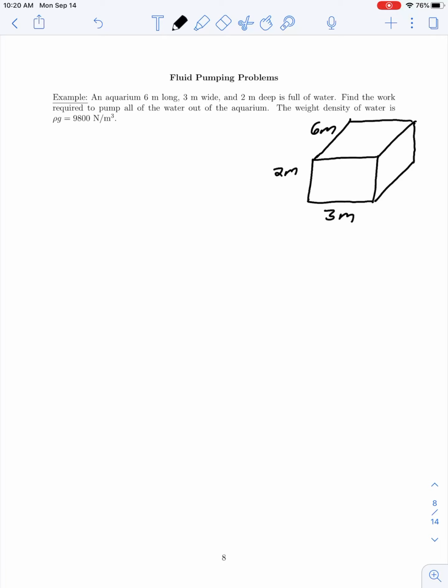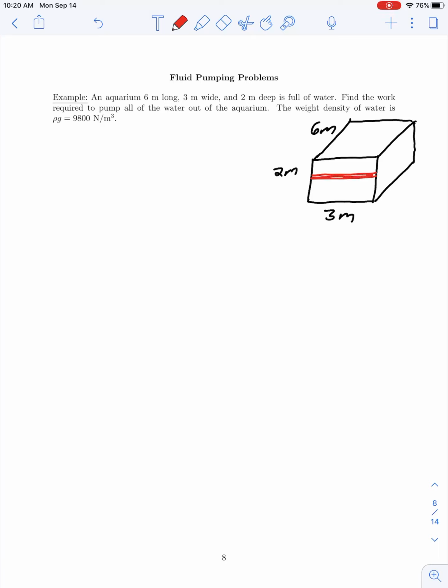Our method for finding the work required to pump fluid out of a tank is the same technique we've been using throughout section 2.5: think about taking our water in this tank and slicing it up into little slabs or slices.